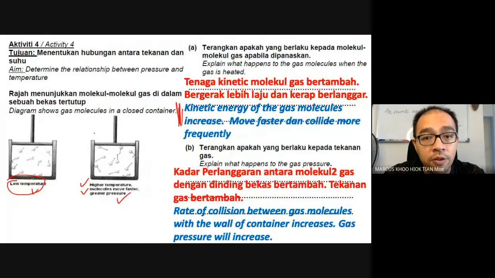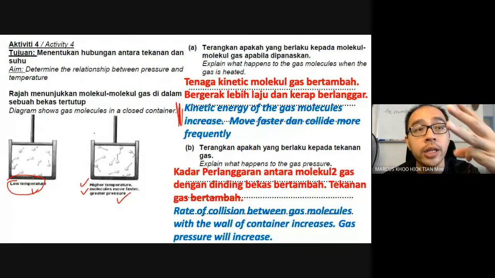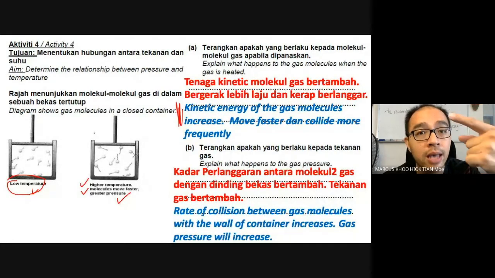So the rate of collision between gas molecules and the wall of the container increases. There is more collision between the gas molecules and the walls of the container. If you remember from our first class, I told you already the three things that explain pressure, volume, and temperature. Temperature is explained by the kinetic energy of the molecules.